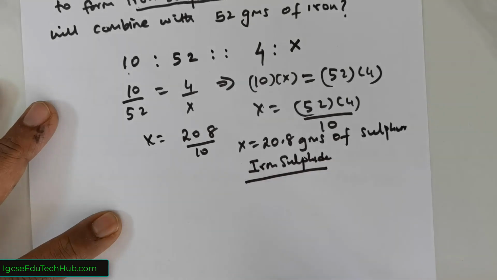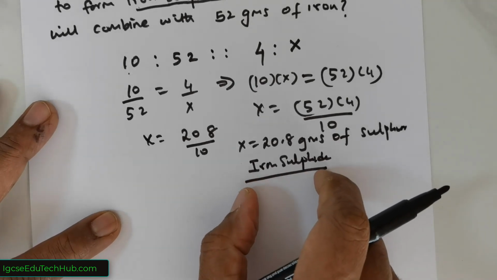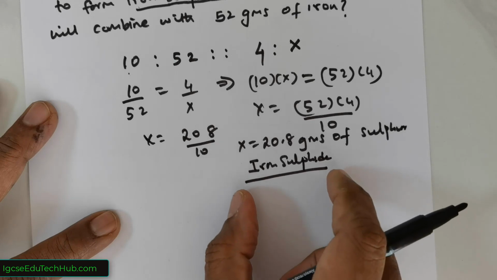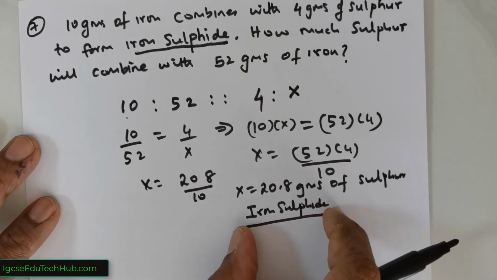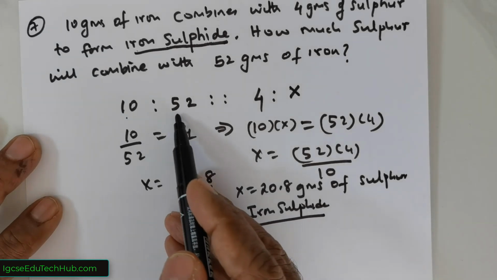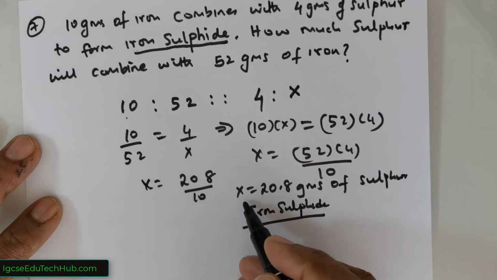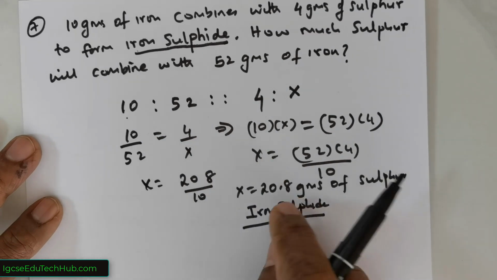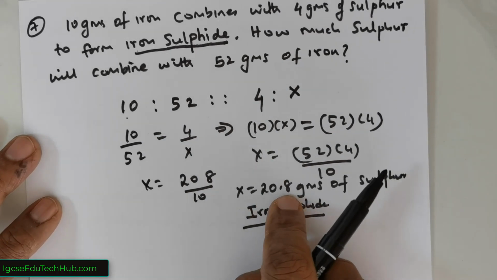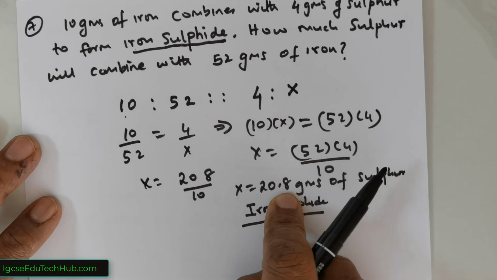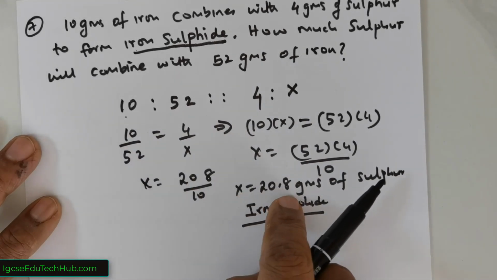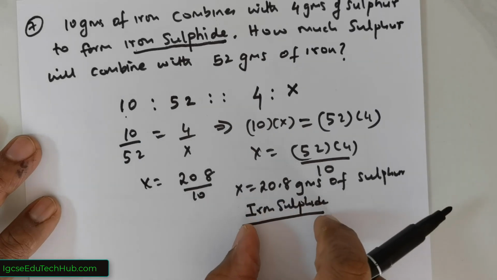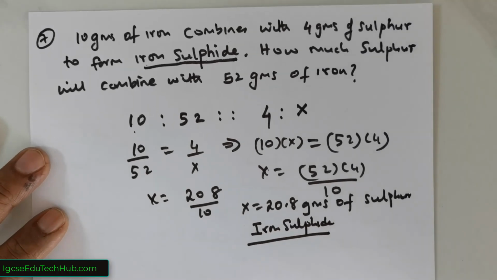So if someone is asking you, get me iron sulfide, you are the chemist and you need to produce iron sulfide, and I am giving you 52 grams of iron. So you need to go and measure exactly 20.8 grams of sulfur, and then you need to combine them. Even if 0.1 gram goes missing, you wouldn't get the outcome as iron sulfide.